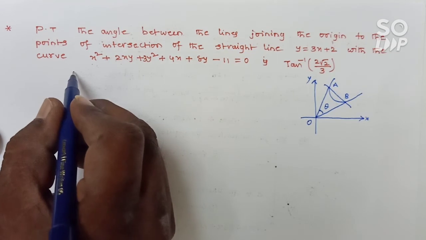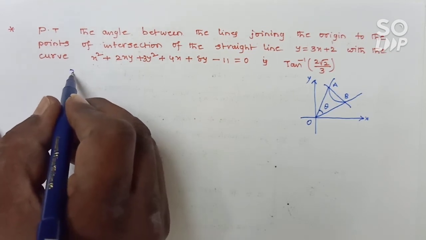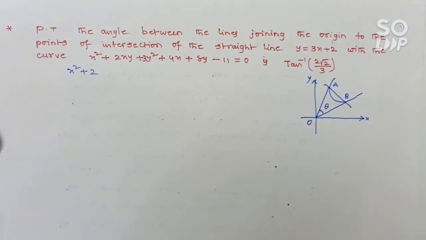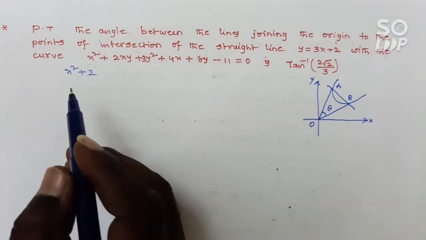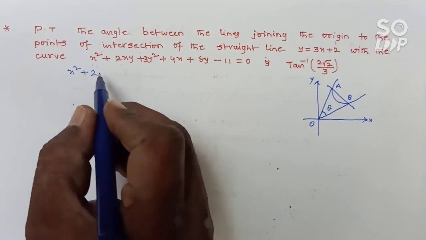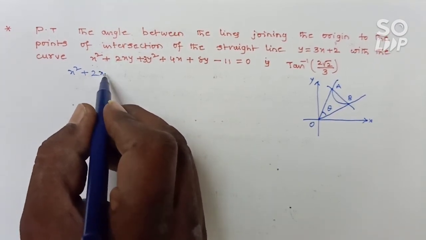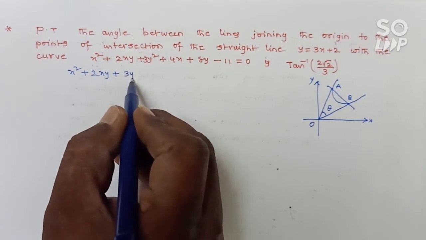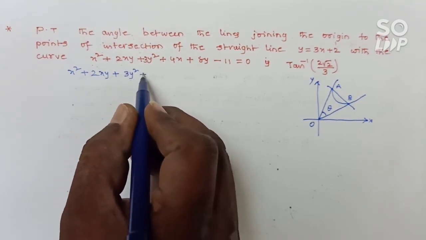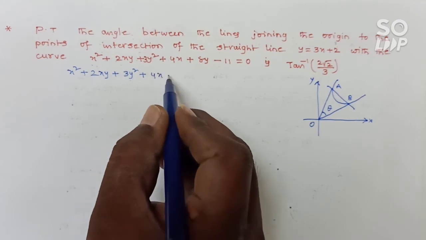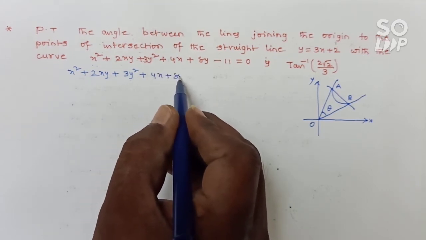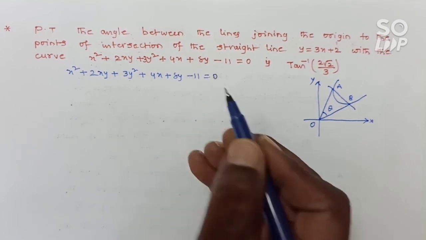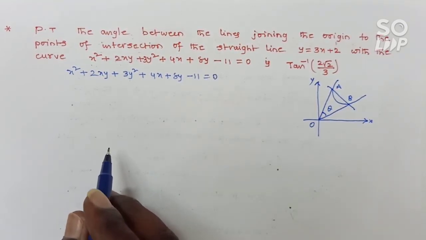Here this is the curve equation: x square plus 2 into xy plus 3y square plus 4x plus 8y minus 11 is equal to 0. What is this one? Curve equation, right?